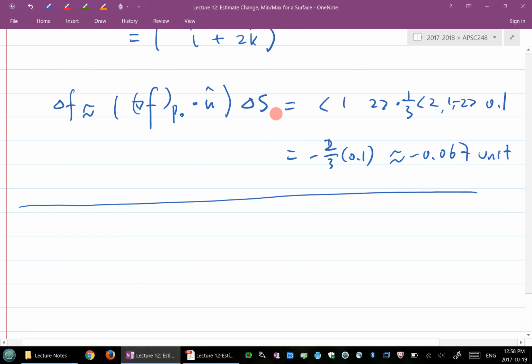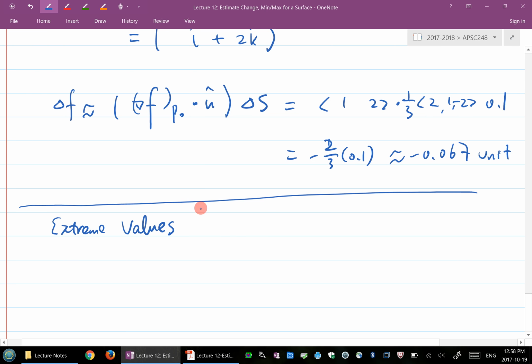As you've all observed, we're jumping back and forth between the vectors and the multivariable functions. This is all vectors that are here. Now we're going to slightly transition back to functions again. The topic here is about the min and the max for a surface.